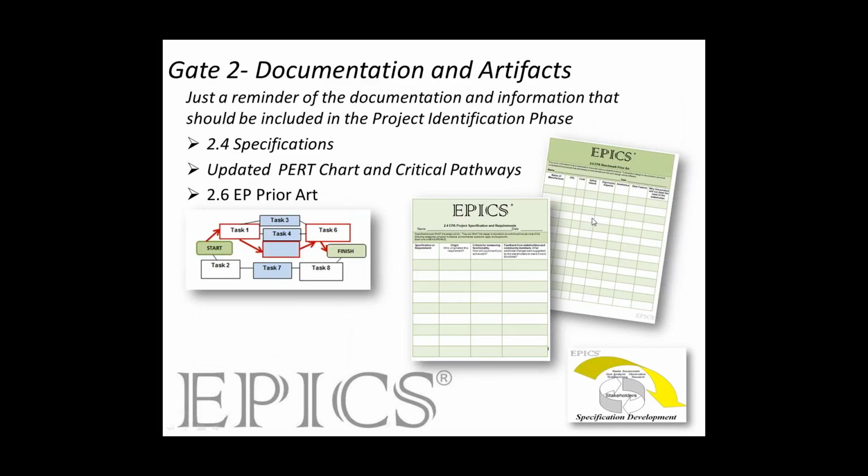Another piece about the benchmarking and the prior art is that there may be a piece of a product that would be good to include and recreate in this process, and that might be part of what the students want to do with whatever they design. So that's another part of that, the specifications and their prior art. So pulling those together so that they've got a design going on.